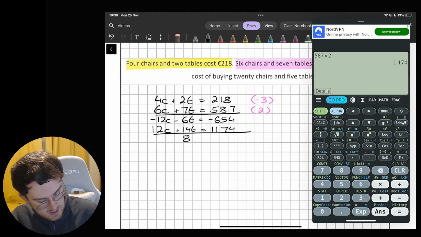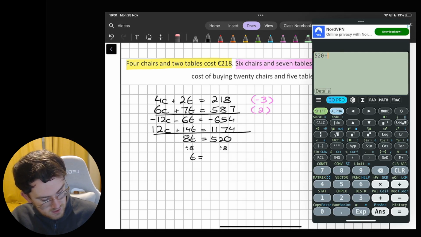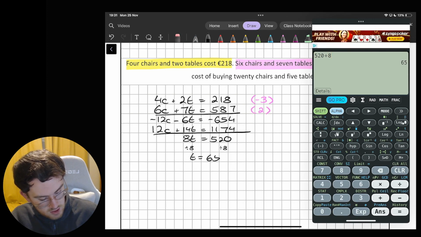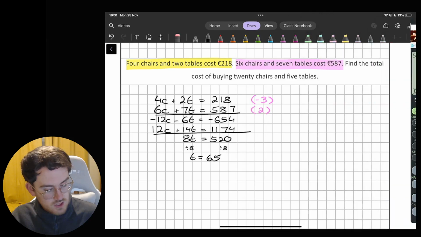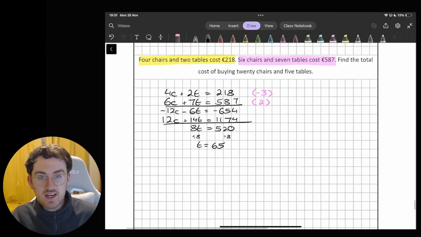So that is 8t equals 1174 minus 654, 520. So t equals, dividing both sides by 8, 520 divided by 8, 65. So the cost of a table is €65.